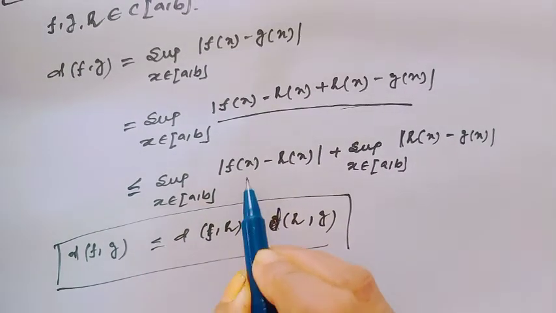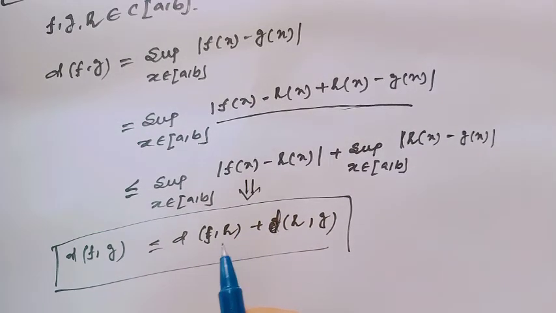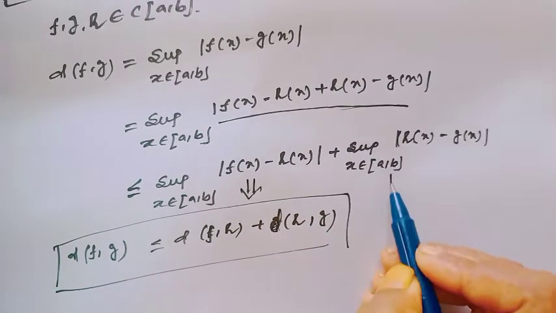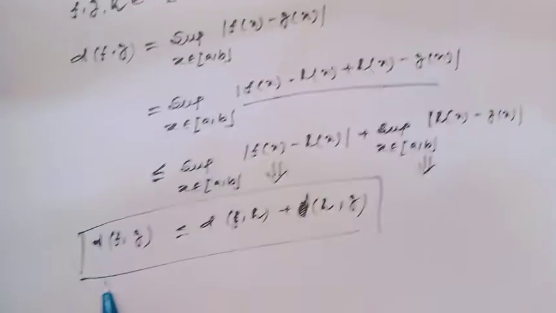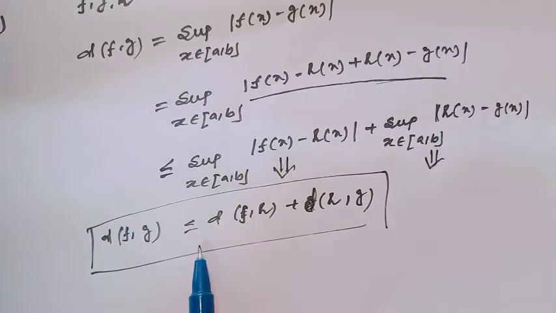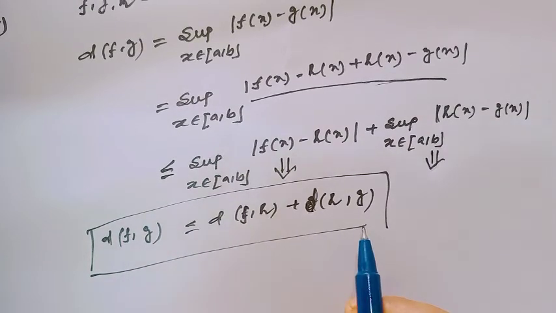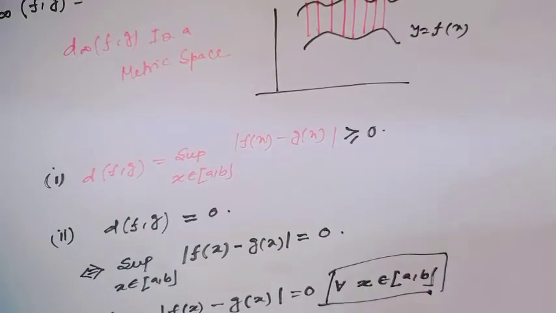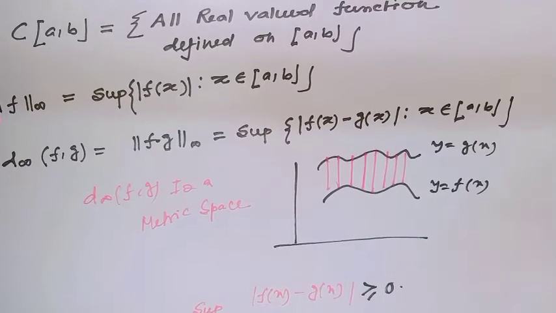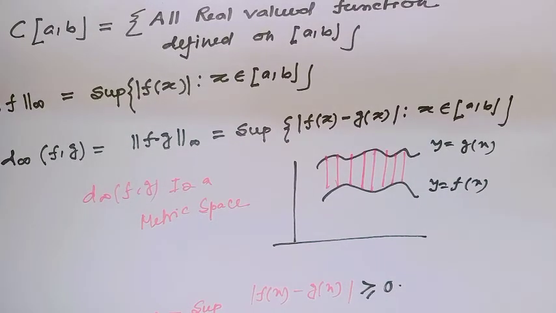This is nothing but d of f with h plus d of h with g. That means d of f with g is always less than or equal to d of f with h plus d of h with g. Therefore, the triangle inequality is also satisfied. So all properties of a metric are satisfied, and d infinity is a metric space.